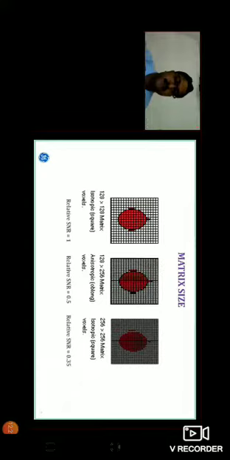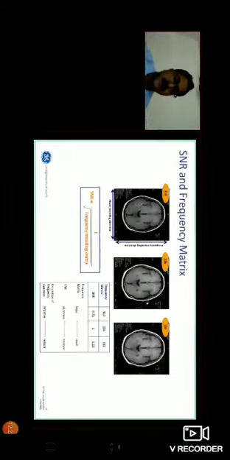An example with the higher matrix and with the lower matrix. So you can see the SNR is proportional to the reciprocal of the square root of the frequency matrix. So with the larger matrix, the SNR is decreased. With a smaller matrix, the SNR is increased. But the resolution in the frequency direction will be improved. Overall spatial resolution also increased.